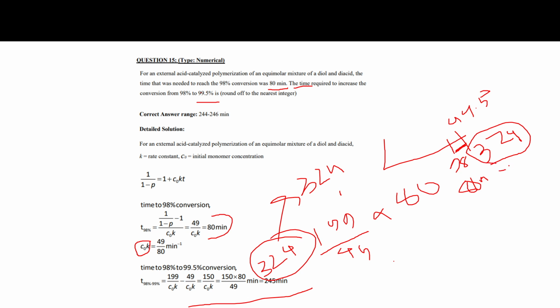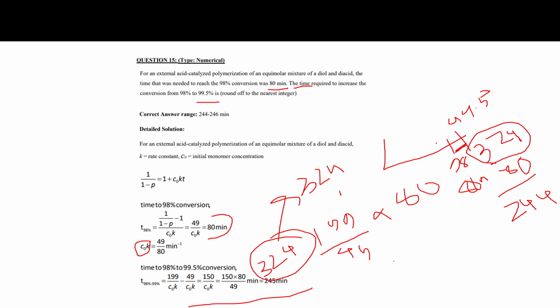So from 98 to 99, it takes 324 minus 80, which will come around 244 or 245. Did you understand this? We have to subtract 80 again at the end, sir.